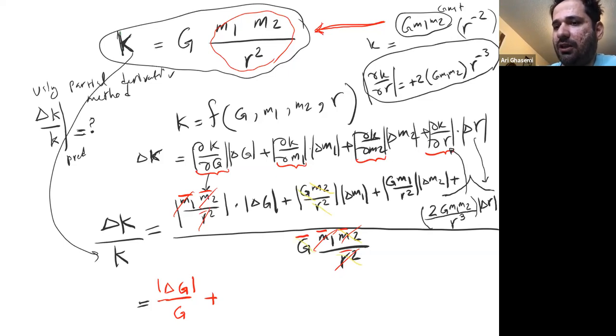So what you get is delta M1 inside absolute value, on the top, divided by M1 on the bottom. This is the second term. What do I get for the third term?